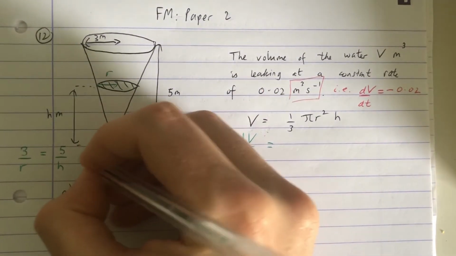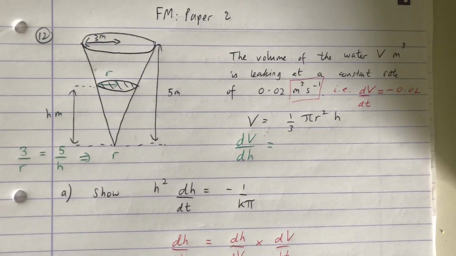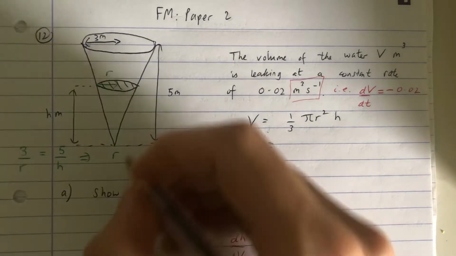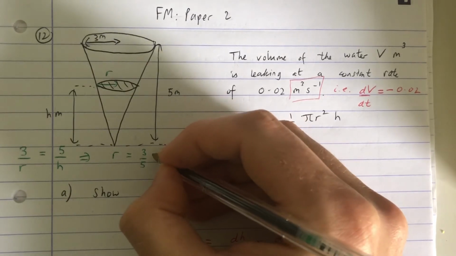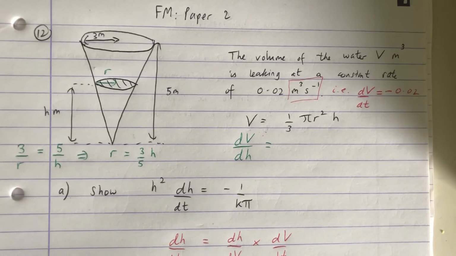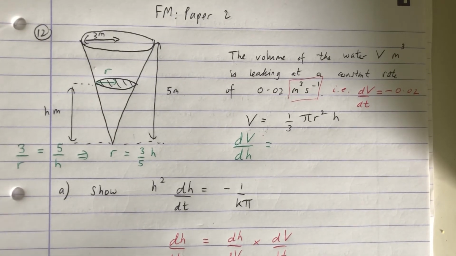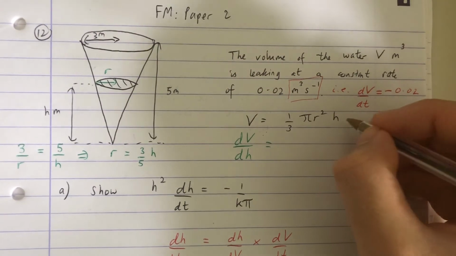So r would be, times by h and divide by 5, 3/5 h. So that's actually a really key thing to do, because r was a variable, but you needed it in terms of h, and you needed to use similar objects.